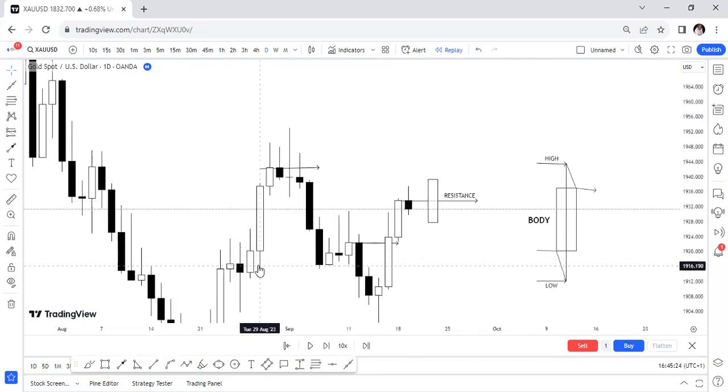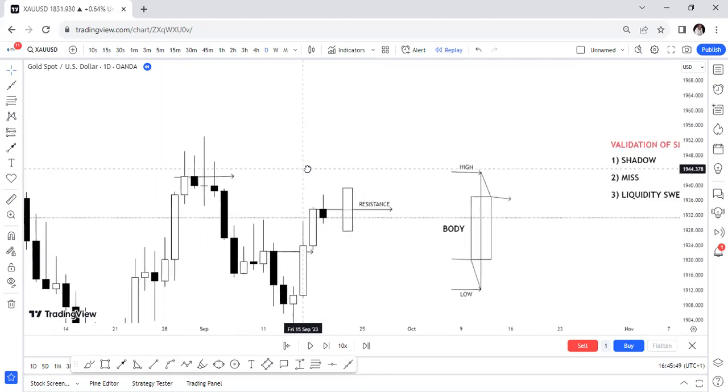But what happened? Price touched it with a wick. It ended up becoming a wick, not the body. This place does not come up here, but here we have a wick. It touches it with a wick. It didn't end up becoming a body, but a wick. So you must look out for a wick.